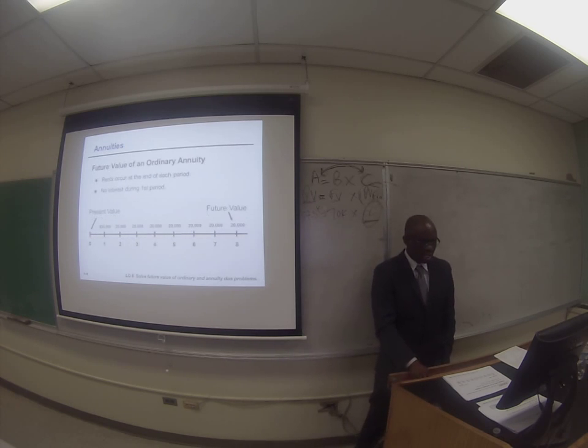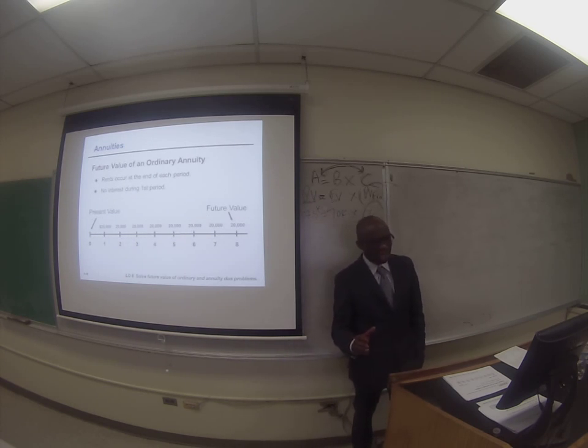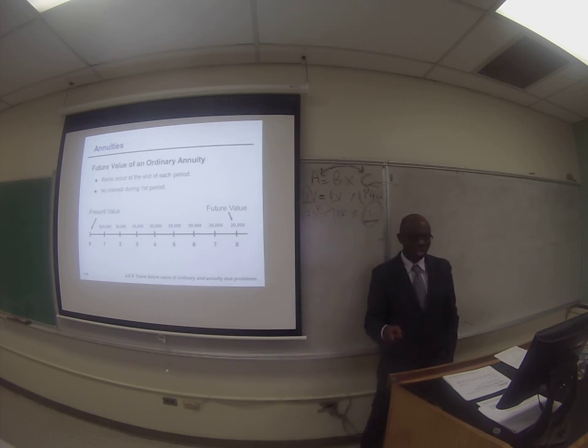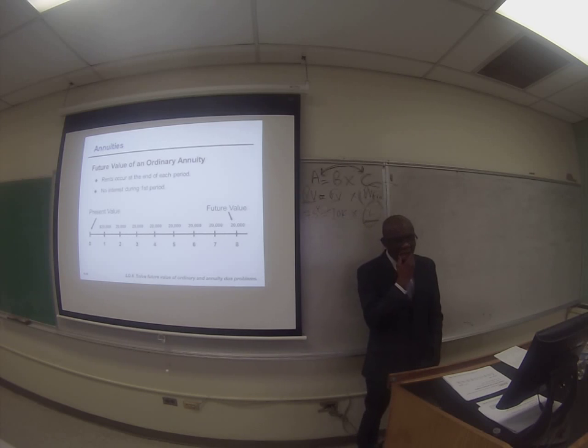So the question is, how do we compute the future value of an ordinary annuity? Ordinary annuity, the same amount is being paid or received, same interval of time. So as you can see, for future value of ordinary annuity, the rent, assuming that we're paying rent, occurs at the end of each period.